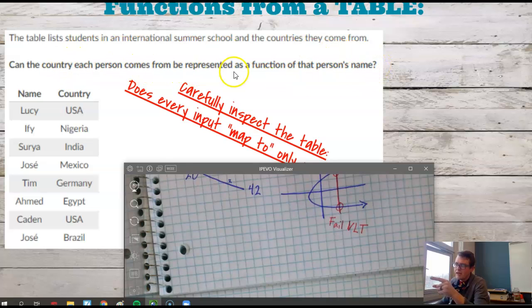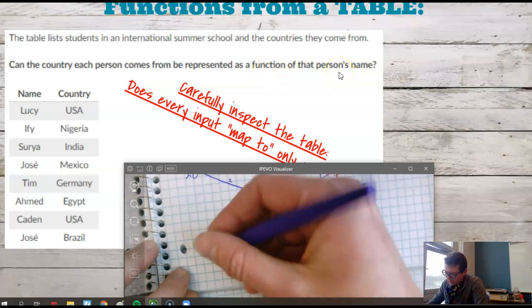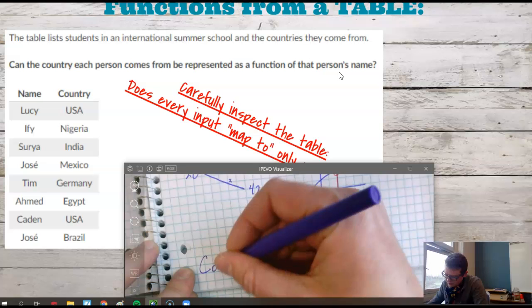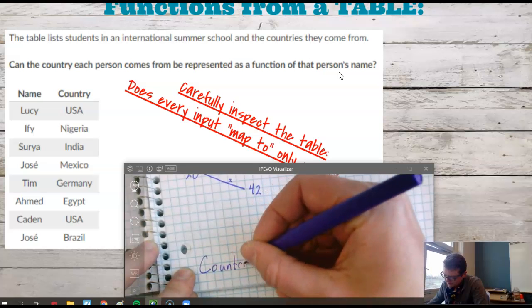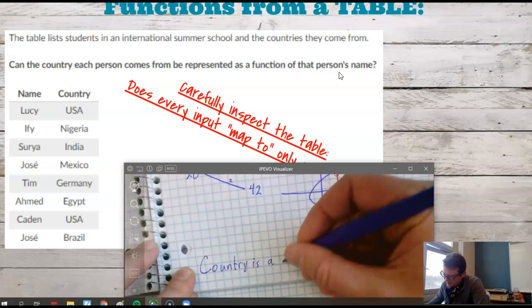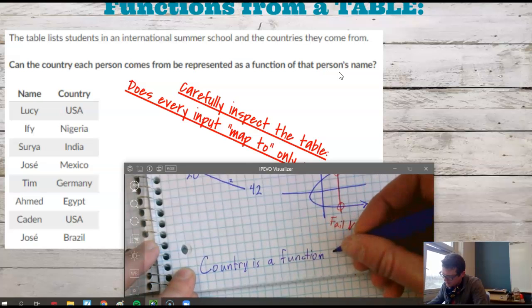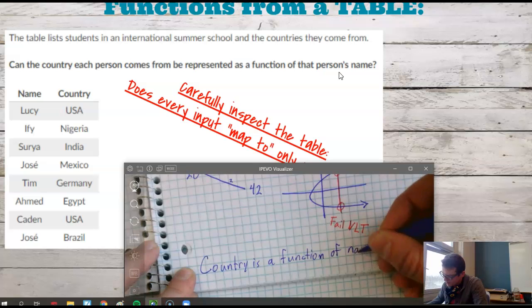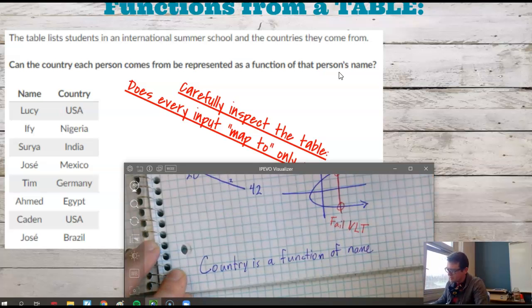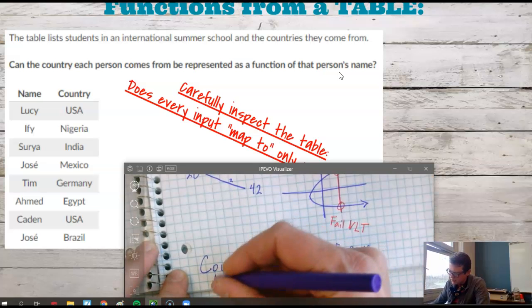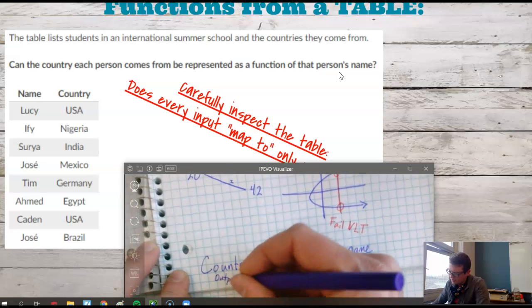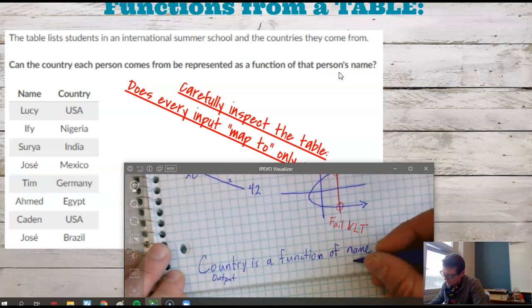Country as a function of name. So what we're looking at is country is a function of name. Please write that down, meaning that country is our output, name is our input.